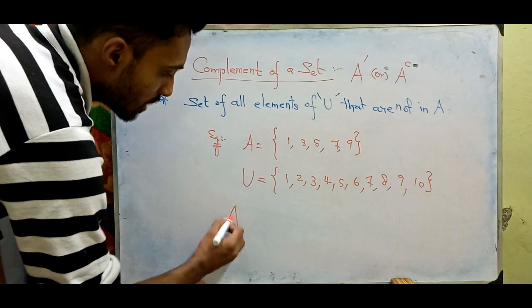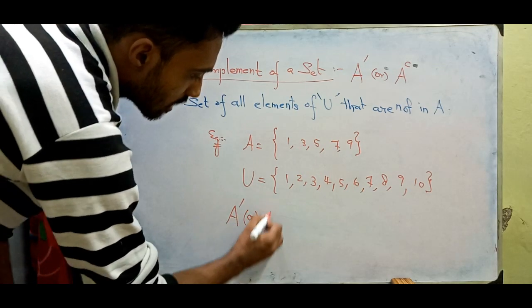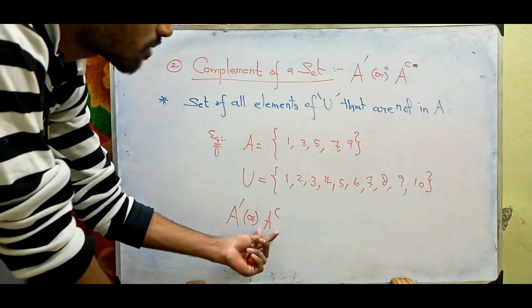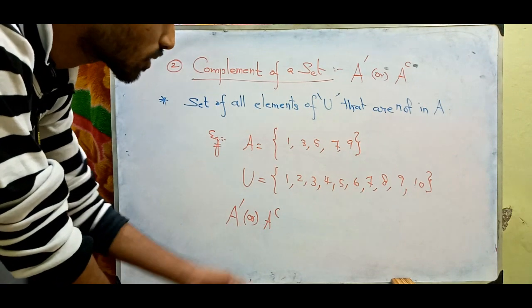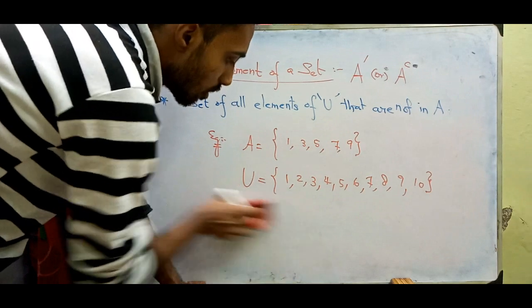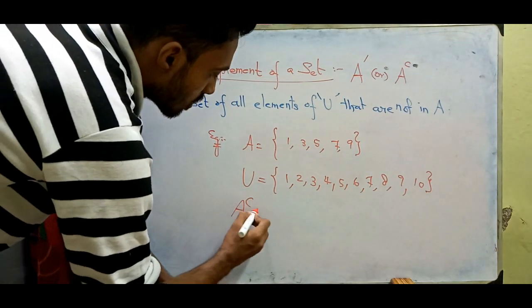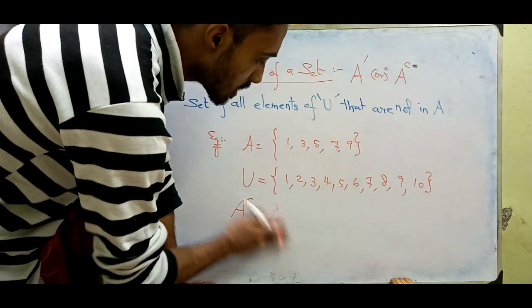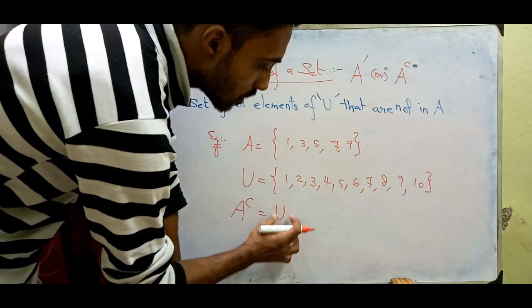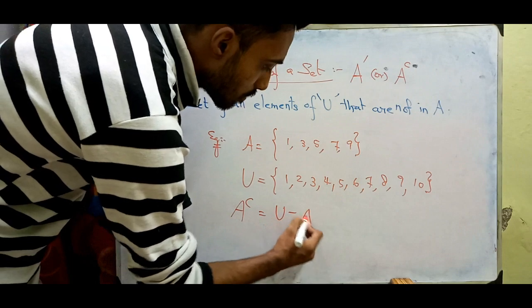So here we need to find A dash, or you can say A complement. I frequently use the symbol A complement instead of A dash. Okay, so I am simply using A complement so that the definition will be fulfilled. Okay, so A complement is nothing but take U and subtract A from it.